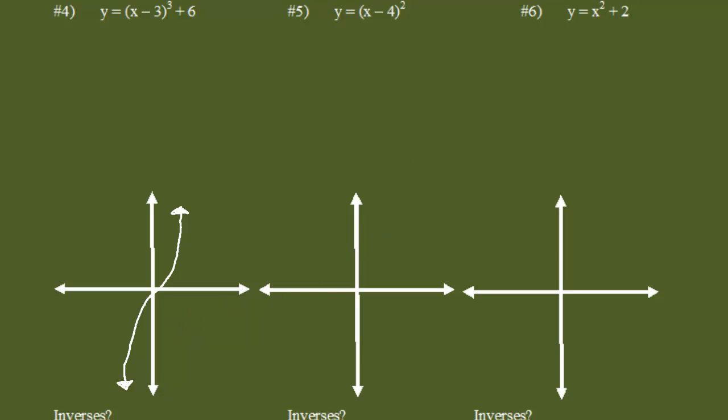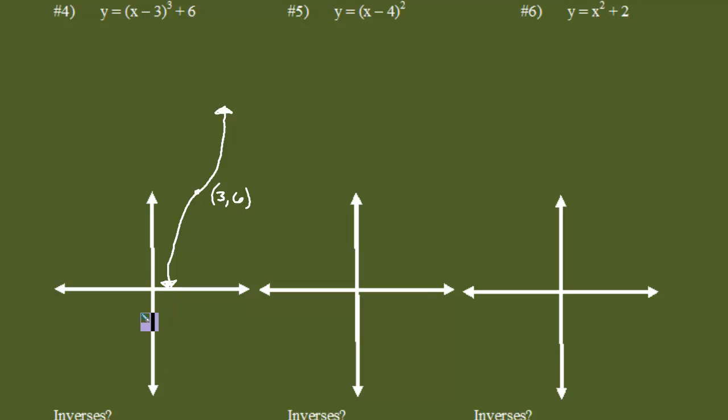If I take this graph, this says to subtract 3, that means this vertex, which is at 0, 0, goes to the right 3, 1, 2, 3. And then this plus 6 translates the whole thing up 6. 1, 2, 3, 4, 5, 6. Perhaps it looks something like this. So it's right 3 and up 6.